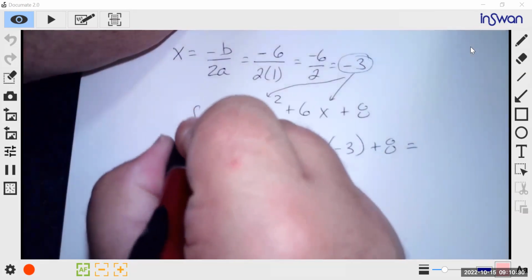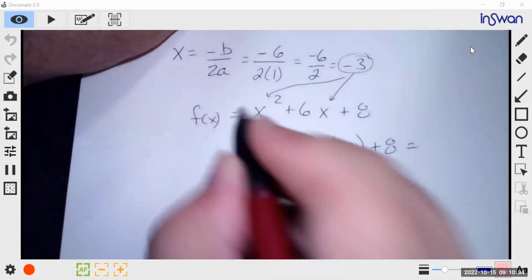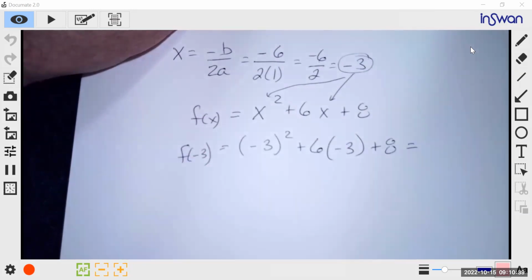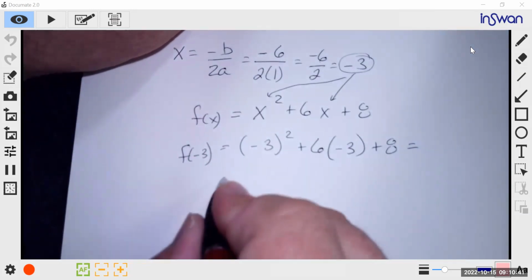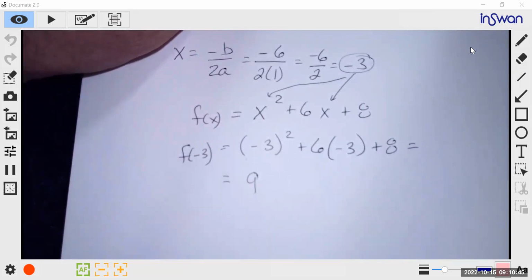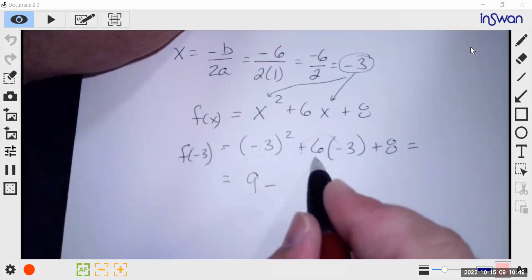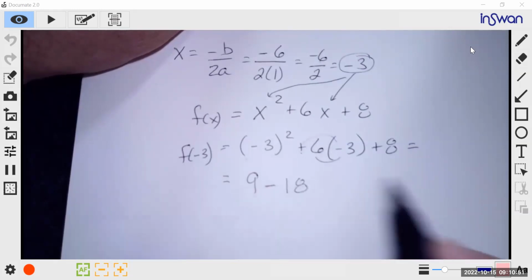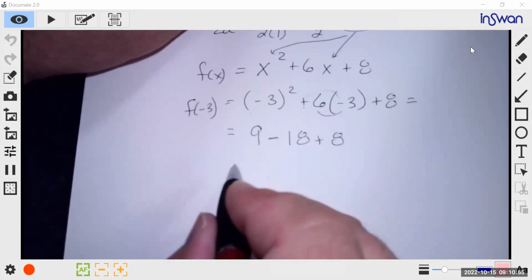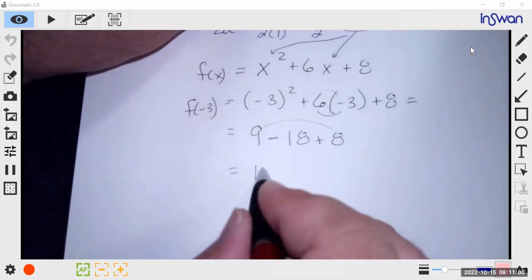You see, we have to look at it that way. So when x is negative 3, negative 3 squared is 9. Positive times negative is negative. 6 times 3 is 18. Plus 8. 9 plus 8 is 17.